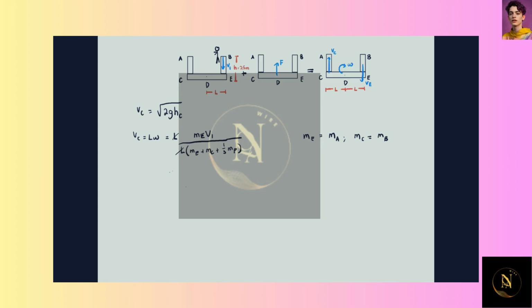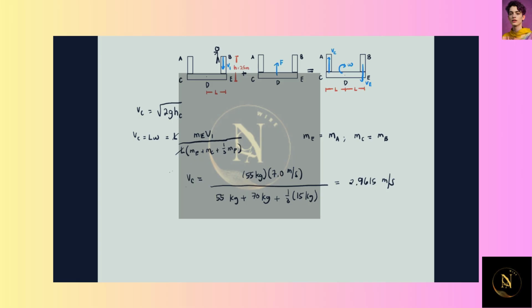So VC would be equal to 55 kilograms times V1, which is 7 meters per second, all over 55 kilograms plus 70 kilograms plus 1/3 of the mass of the plank, which is 15 kilograms. So this is equal to 2.9615 meters per second.